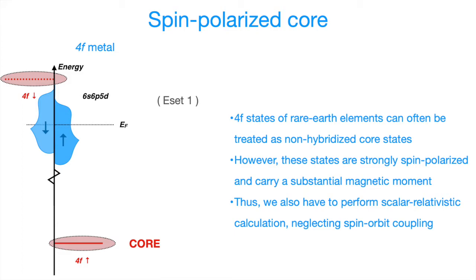One slightly special situation is when the core electrons have to be treated as spin polarized. And the classical situation is the case of magnetic lanthanides, such as gadolinium, terbium, thulium, etc. Here is a schematic picture of the electronic structure of these systems.